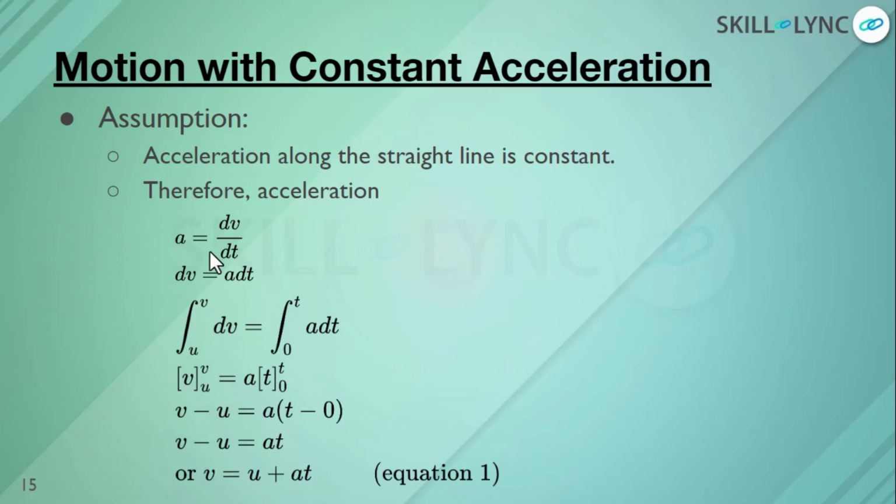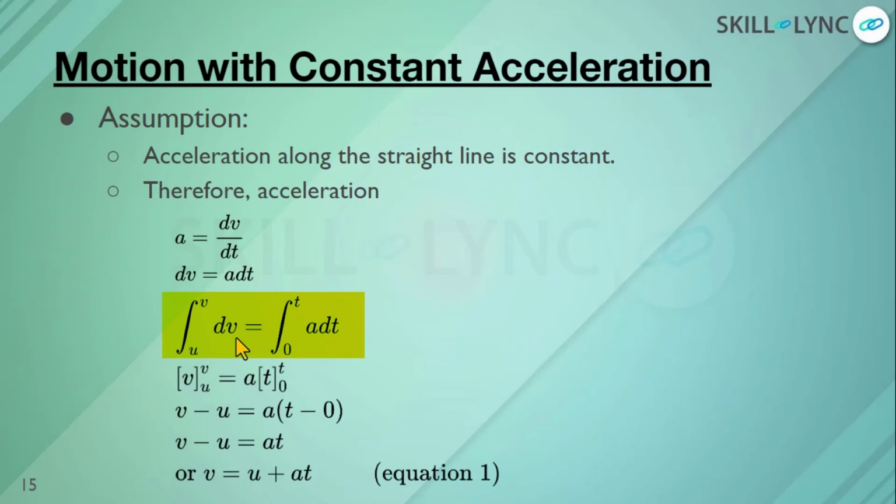Further, by applying the cross multiplication rule, dv equals a dt. Since the initial velocity was u and the final velocity was v, we have to integrate dv from u to v, and a dt would also be integrated such that the initial time is taken as 0 and the final time to achieve the velocity v is t.